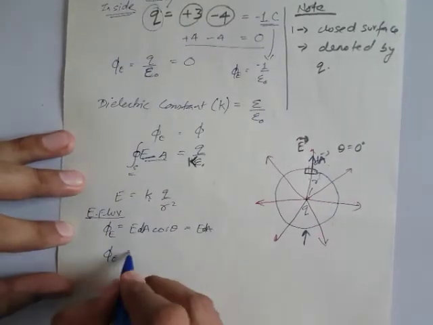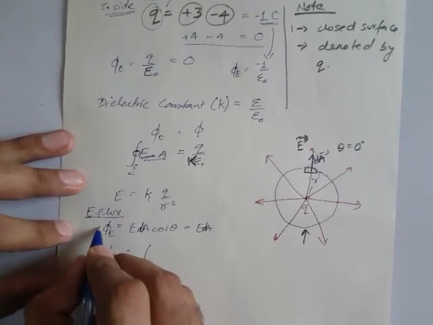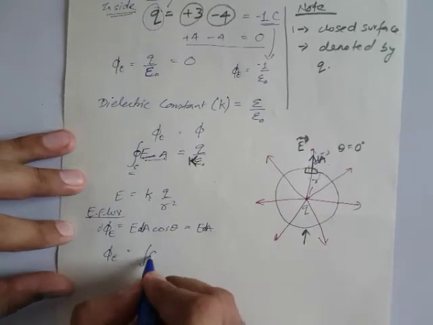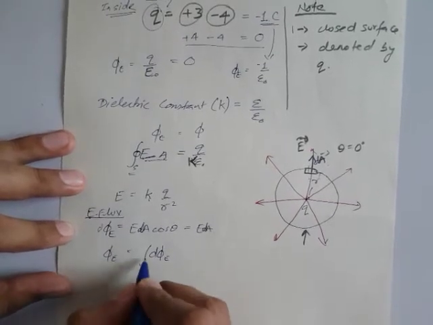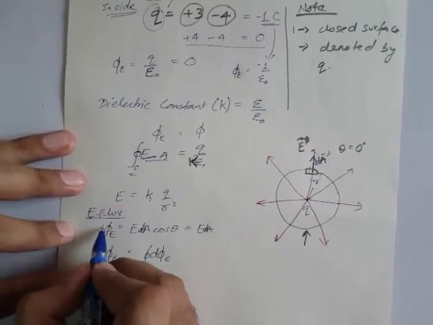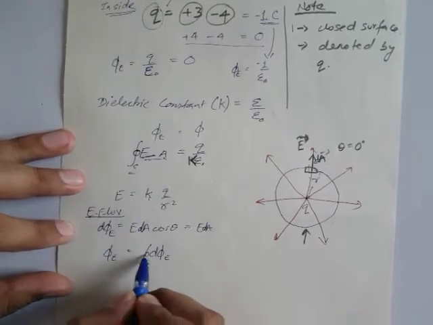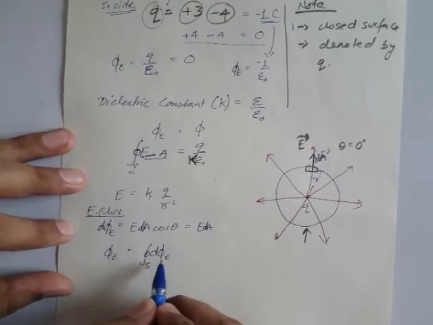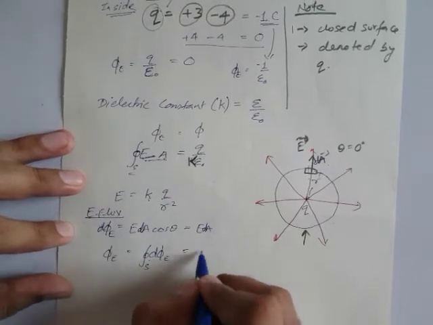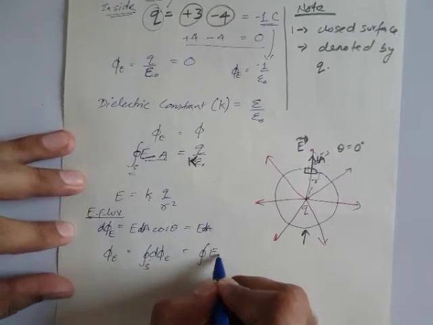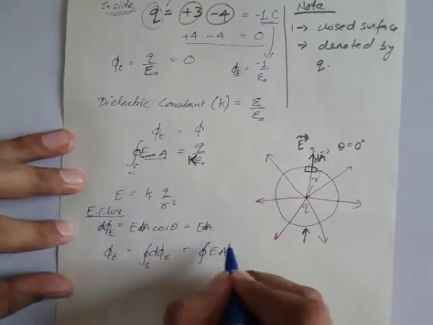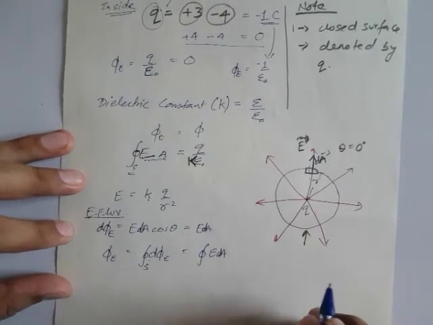So now I will write over here the integration of this small d phi, taken as d phi E, surface integration. So here we use this surface integration of flux all over the body. Now we can write the surface integration of EA cos theta, we get E dA. Okay.